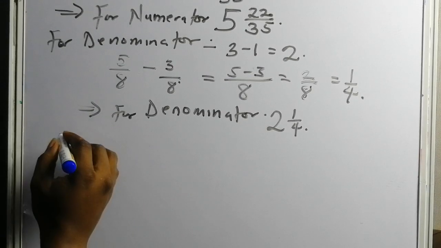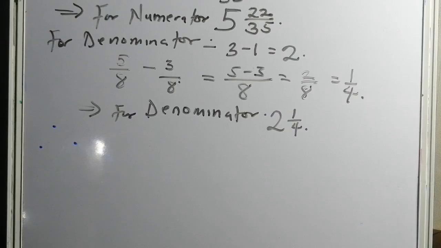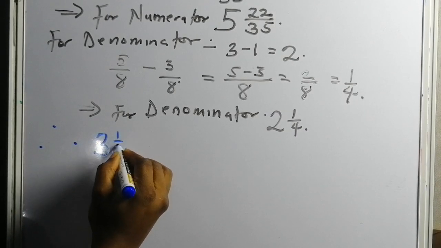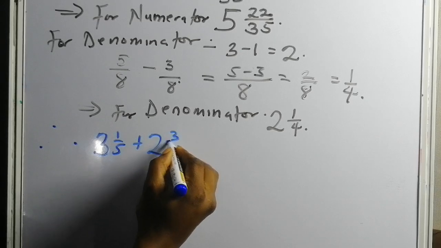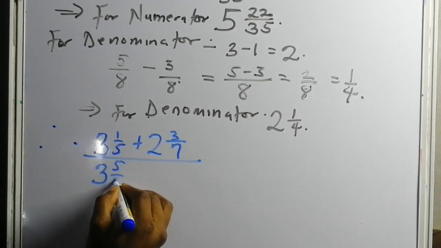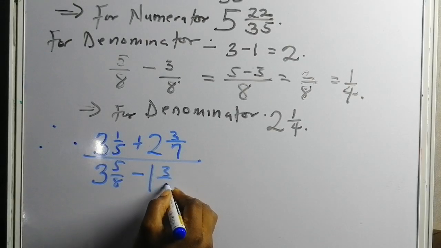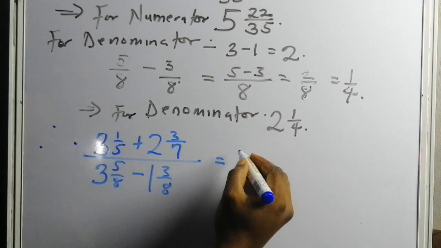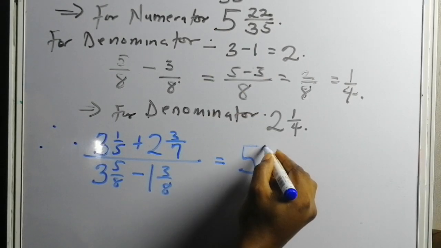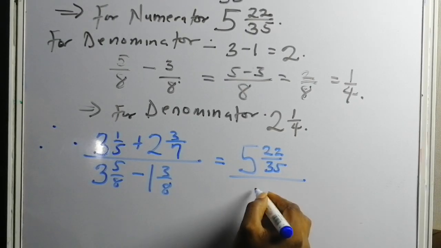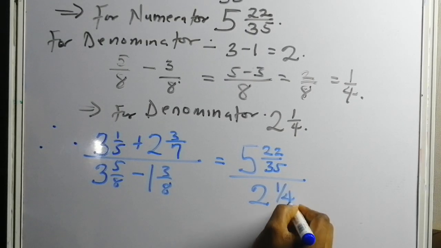You now say, therefore, 3 whole number 1 over 5, plus 2 whole number 3 over 7, over 3 whole number 5 over 8, minus 1 whole number 3 over 8, is the same thing as 5 whole number 22 over 35, over 2 whole number 1 over 4.